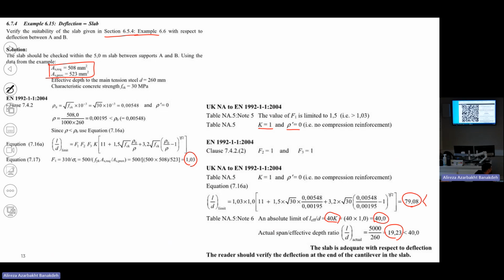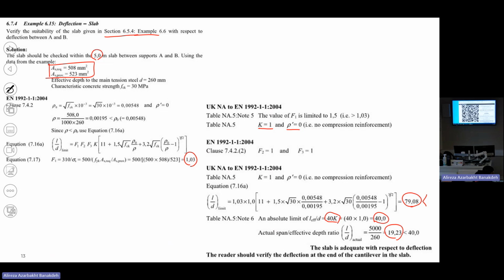This calculation is only for the span between the 2 walls, which was 5 meters. But you should repeat this as an exercise for the cantilever, like the previous one, to see if it's okay for the cantilever or not. I think the cantilever was 1 meter or 1 meter something. Probably it would be fine, right?